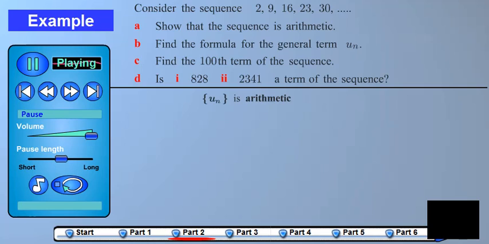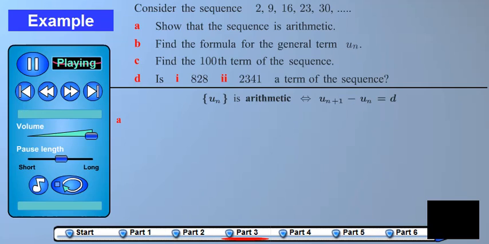We say the sequence of UN is arithmetic if and only if the difference between the (n plus 1)th term and the nth term is always the same common difference, D. Then here, if you have an arithmetic sequence, the condition is that if you get the difference between any two consecutive terms, you will get the common difference, and we refer to it with the letter D.